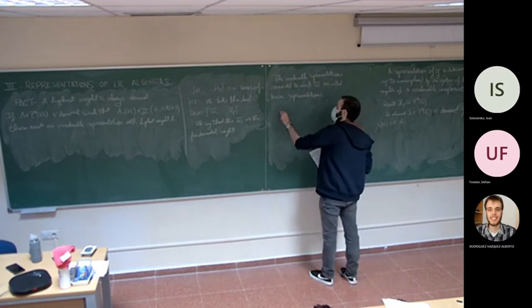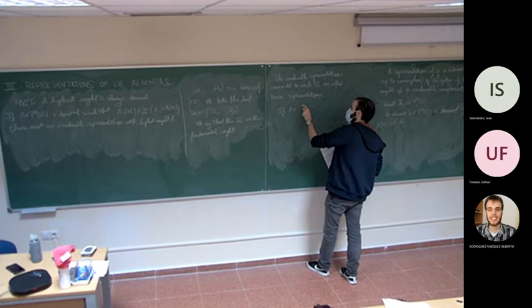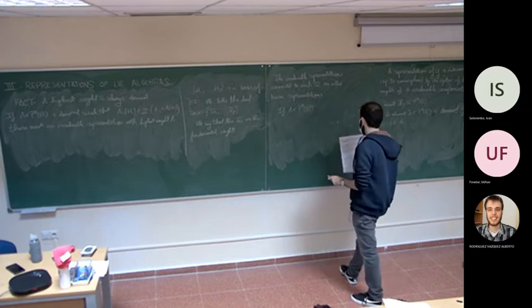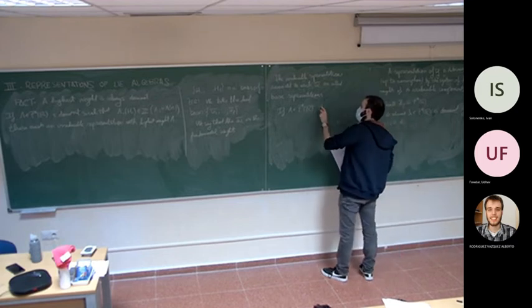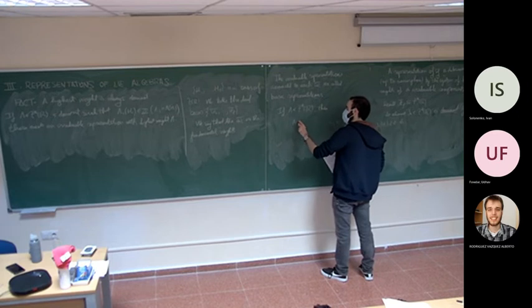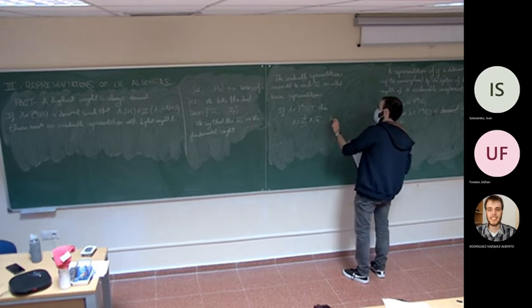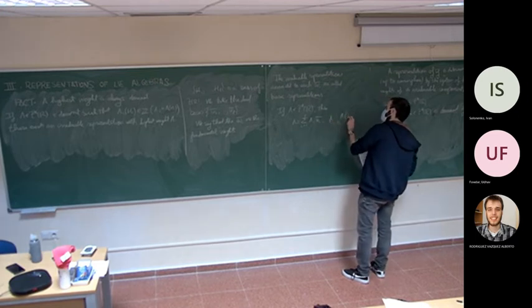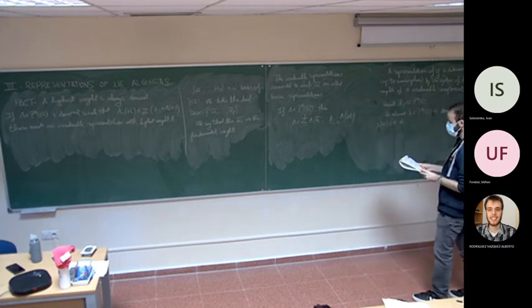That is, if we have any element, but we're going to be interested in dominant elements, if we have any element in T star of R, then by linear algebra, lambda is the sum of every lambda I times omega I bar. And lambda I is precisely the value of lambda at hi, because this is a dual basis.